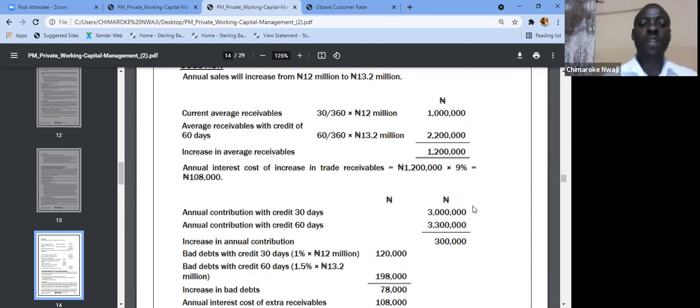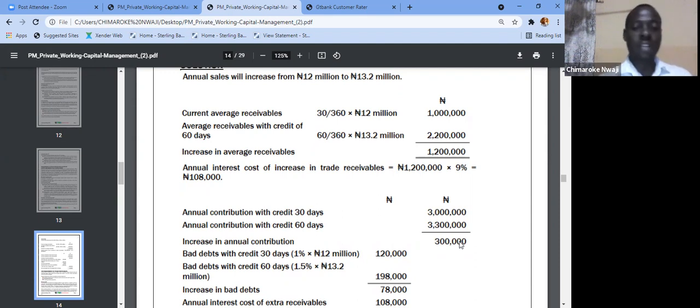Now, if you are to change the credit terms to 60 and you have 13.2 million, look for 25%, that will give you 3,300,000. That means your contribution would have increased by 300,000. So you see, as you increase your credits from 30 to 60 days, you are increasing your annual contribution by 300,000.